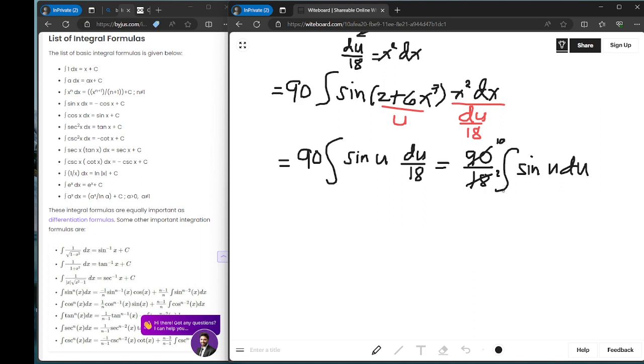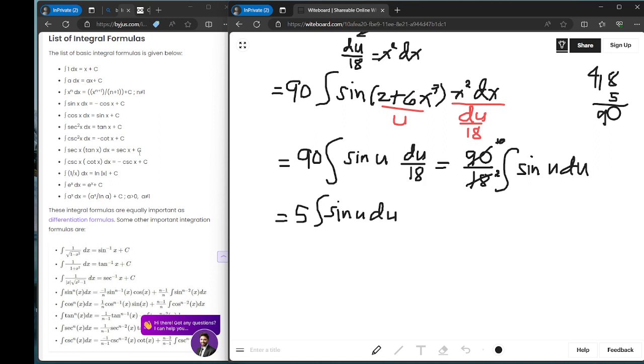But we can still divide them. So 10 divided by 2 is 5. So the result is 5. Is 18 times 5 equal to 90? Yes, it's actually equal to 90. So the answer is 5 times the integral of sine of u du.